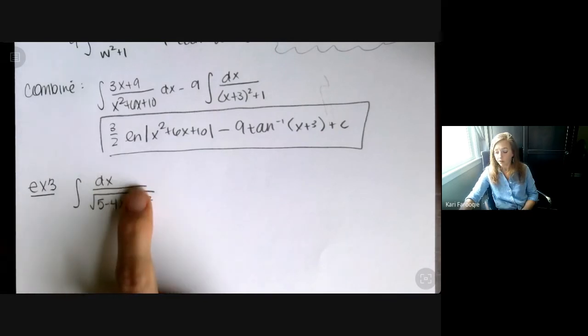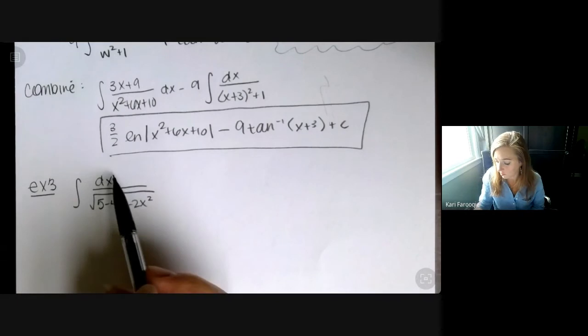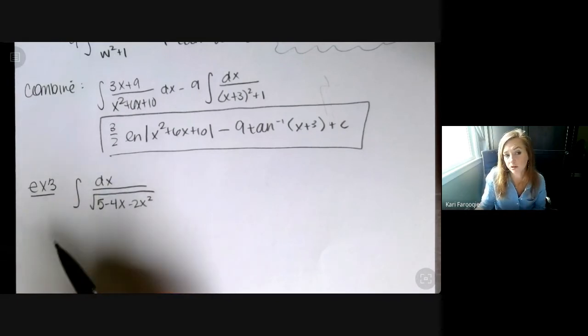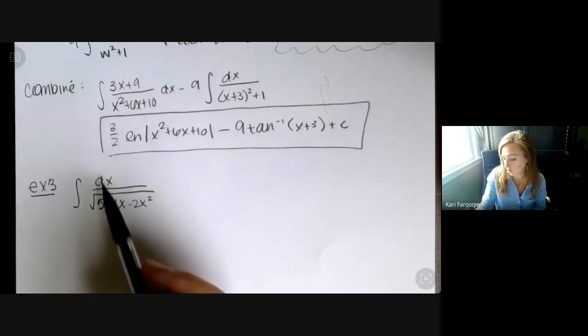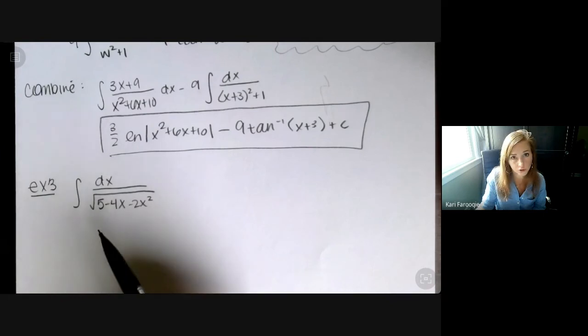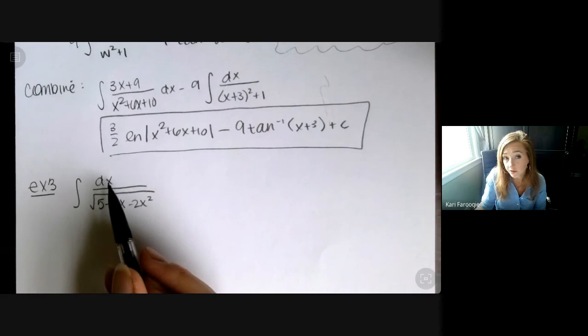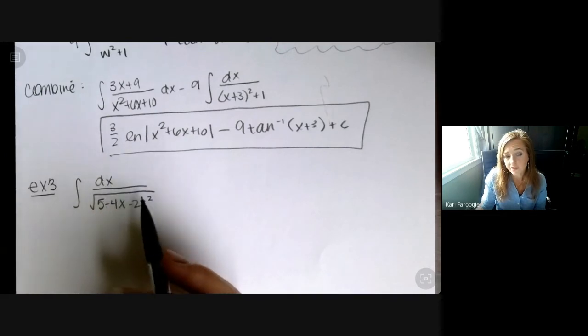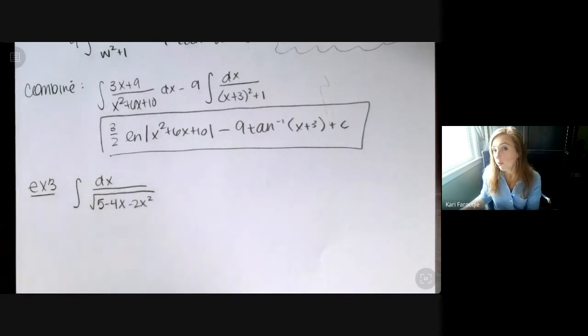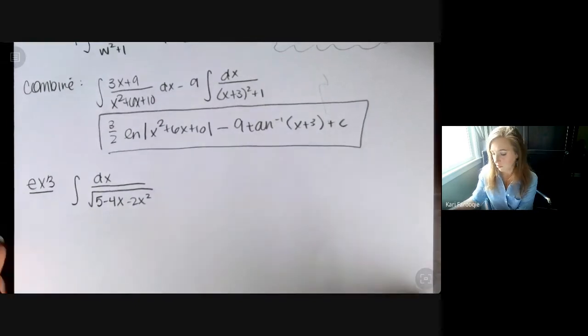If this was a constant, I'm sorry, if this was like x dx, then yeah, you'd be thinking, let's do a u substitution and try to write this as 1 over the square root of u, or du over the square root of u. But you have a constant. So this is leading you to think it's probably going to be an inverse trig function.